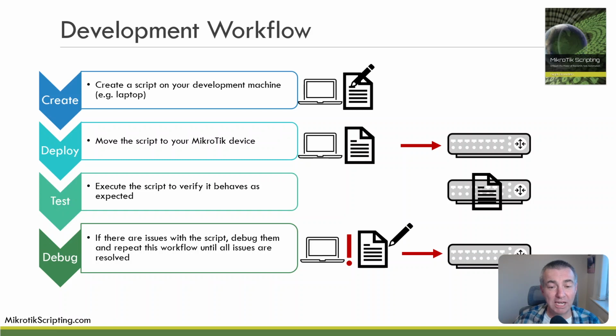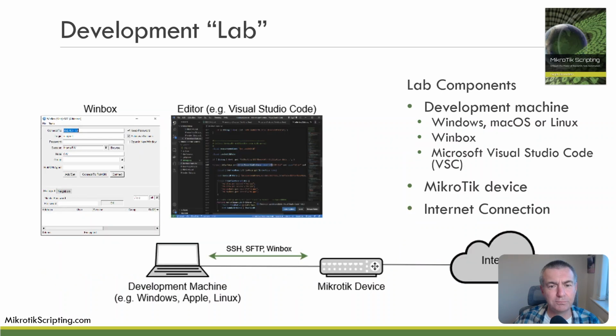Then we'll test it by running the script on the Mikrotik device to see if it runs in the way that we expect. And if there's any problems, we'll have to do a little bit of debugging. We'll have a look at the code, see what's going wrong with it, and maybe fix it, push it across to the Mikrotik again and run it. And that'll be an iterative process, and we'll keep doing that until it runs in the way that we expect.